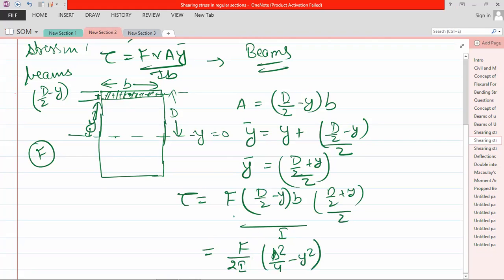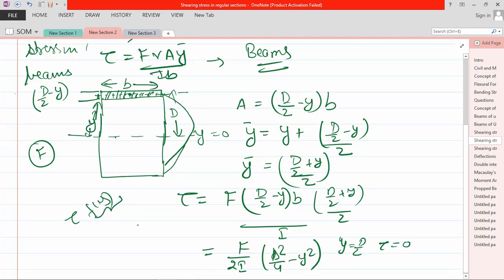So as you increase y, if y is equal to d by 2, shear stress is 0. That means you can see that this is following a parabolic path because it is a function of y square. The shear stress is a function of y and it is parabolic.